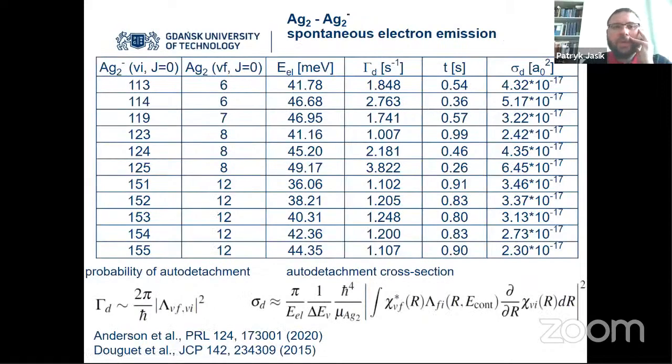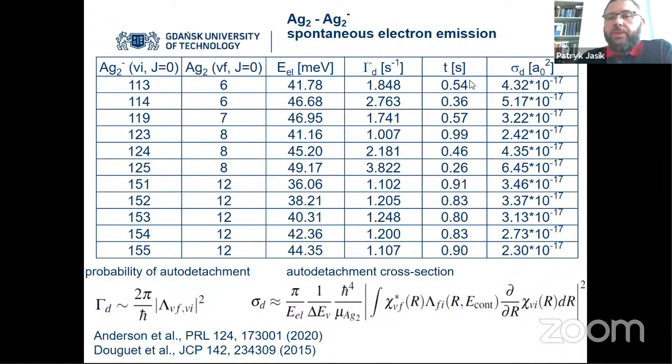And finally, we were able to show some selected results, which are connected with the probability of autodetachment of the electron and the autodetachment cross-section.